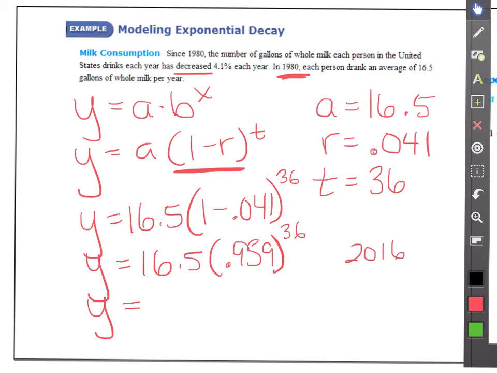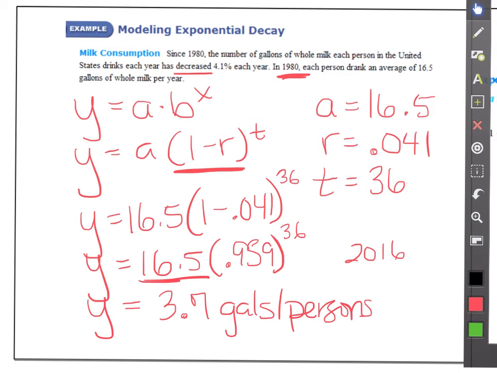And then when you do the order of operations on your calculator, you will end up with, and I'll round it, 3.7 gallons per person, which is kind of interesting how much that has decreased, isn't it? 16.5 gallons per person down to 3.7 gallons per person. Make sure you're drinking enough milk.